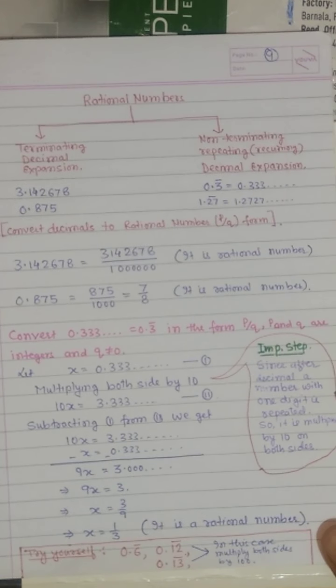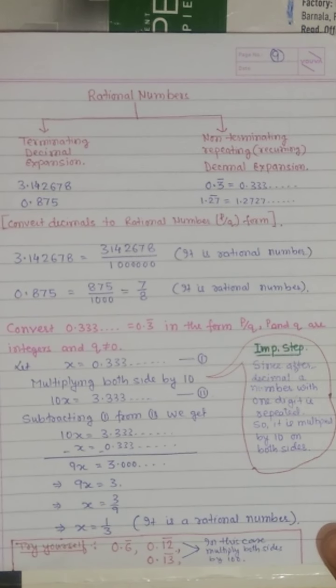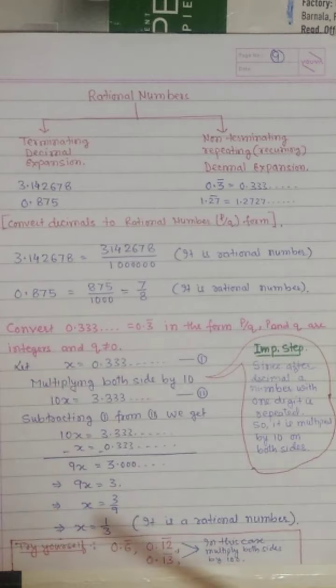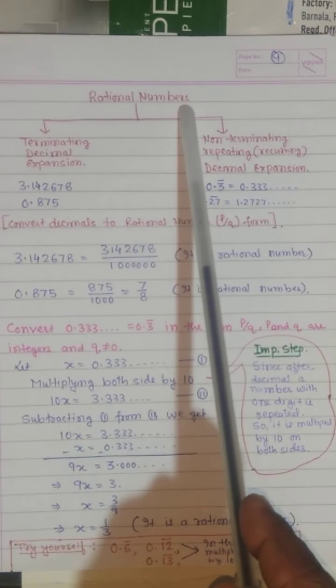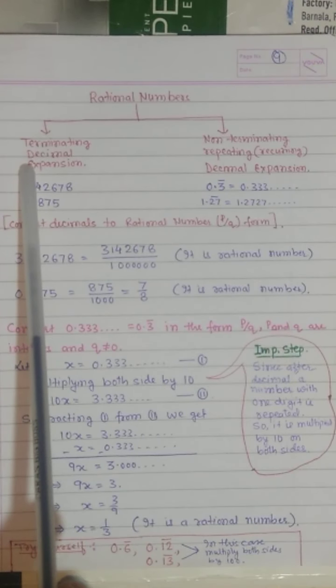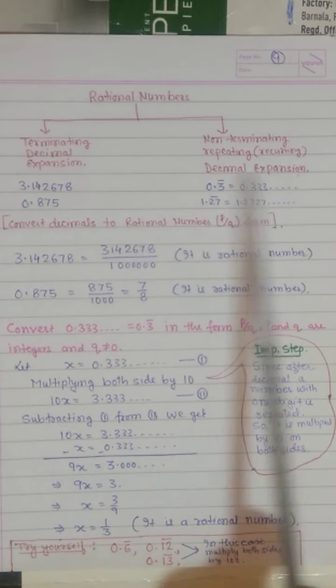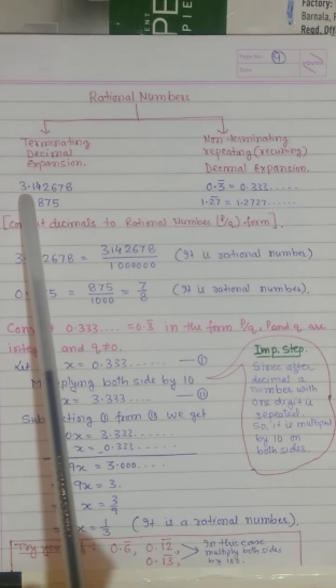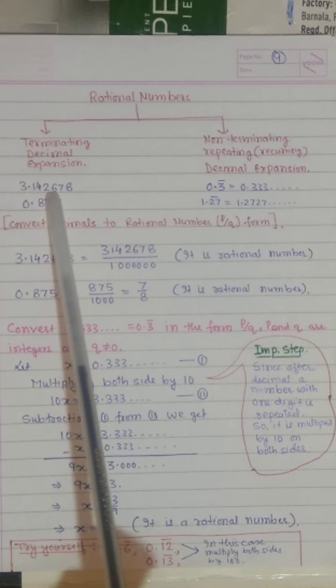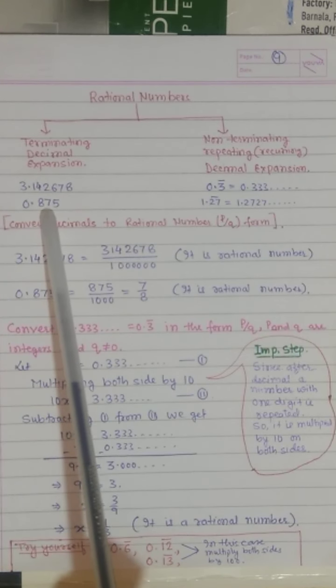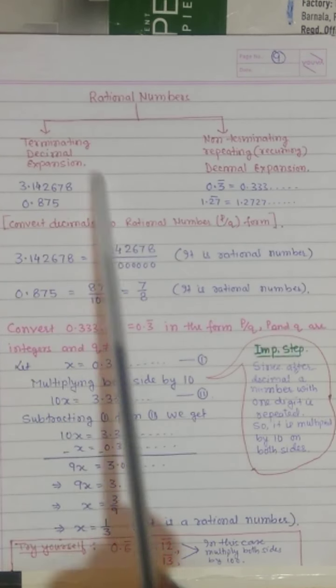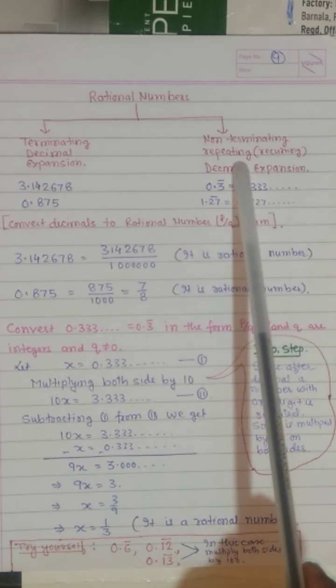Now let's see the decimal expansion of rational numbers. In case of rational numbers, the decimal expansions are of two types: terminating decimal expansion and non-terminating repeating decimal expansion. Examples like 3.142678 and 0.875 are terminating decimal expansions.